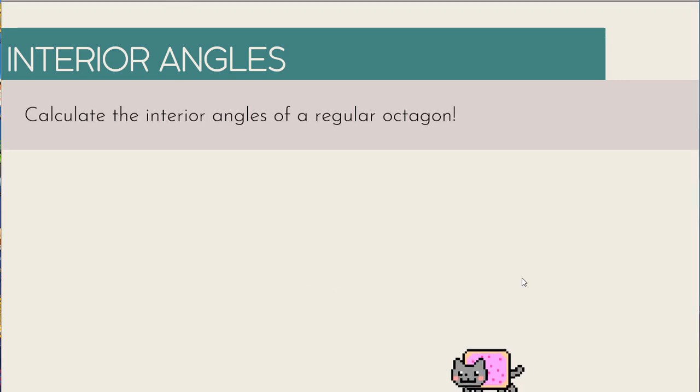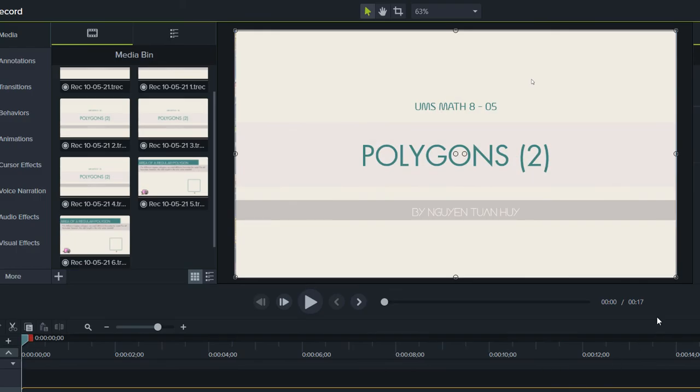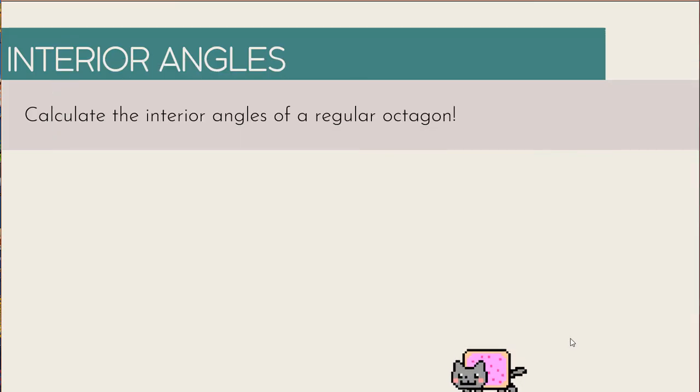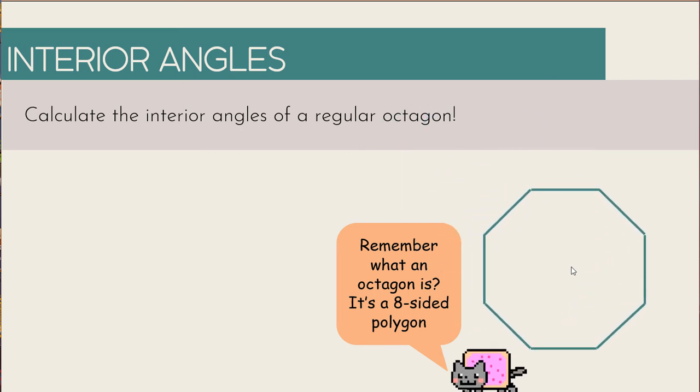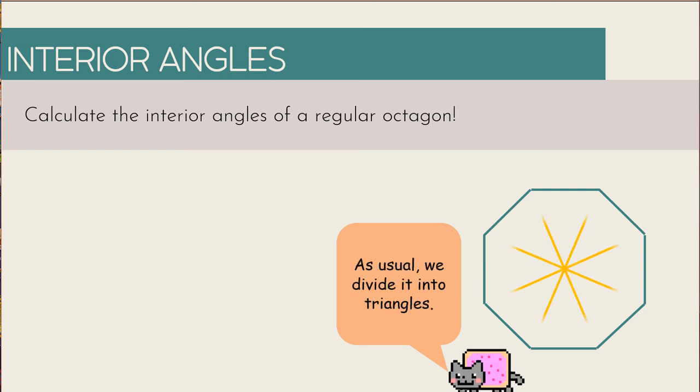And here's the practice question. Calculate the interior angles of a regular octagon. Remember what an octagon is? It is an 8-sided polygon, and it is regular in this case. And as usual, we divide it into triangles.